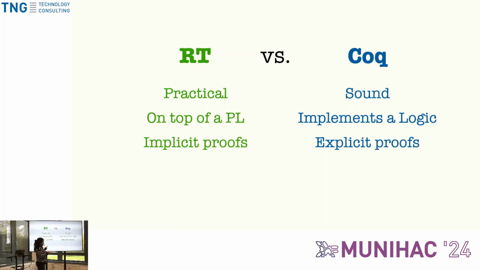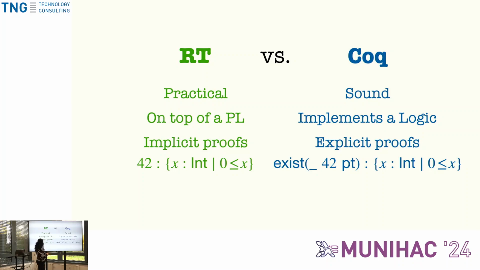And because of these different goals, in refinement types all the proofs are implicit, they come externally from solvers, while in dependent types, we have explicit proofs. An example is that in refinement types, to prove that 42 has a refinement type, the proof happens externally, while in Coq you can use this syntax for refinement types, but you need to give explicit proof terms. So they have the same goals, the same expressiveness, but their design is different.